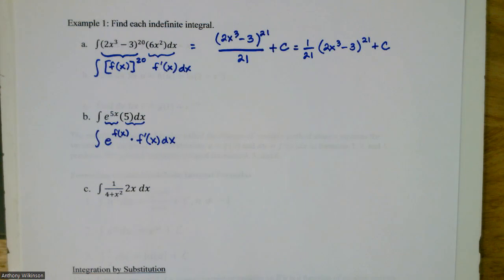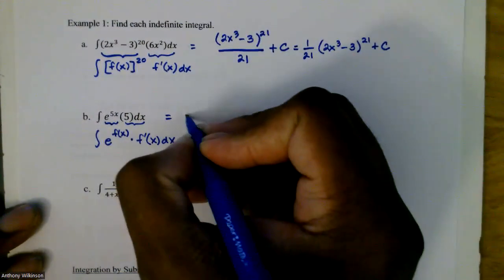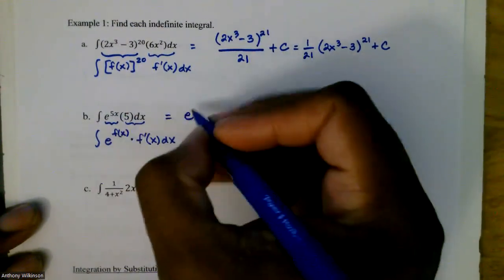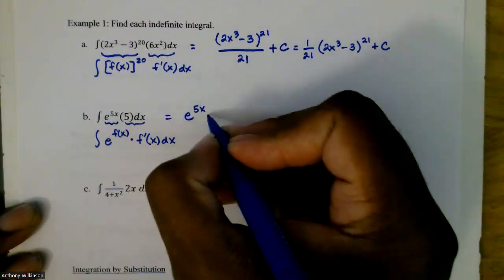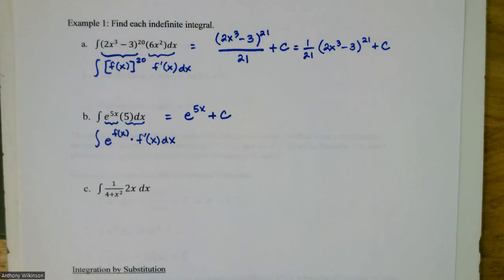That part is your f prime of x. So we're going to end up getting e to the f of x plus c. So this will be just e to the 5x plus c. And that's all there is to that problem.